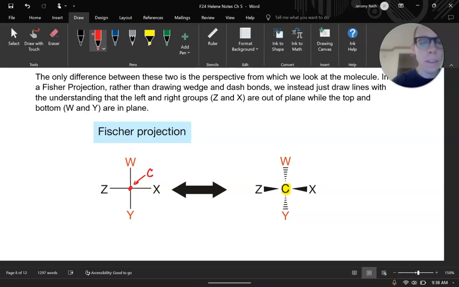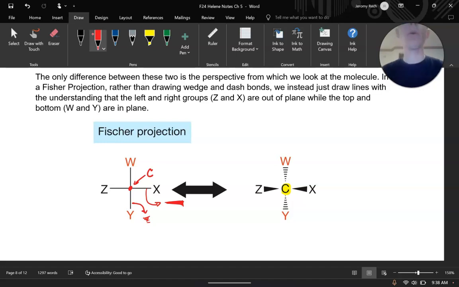Anything on the left and the right, we're going to define as a wedge, and anything up and down, we're going to define as a dash. And these are just two understood things, much like how in a skeletal structure we don't draw hydrogens, we just assume they're in. Here, we're not going to draw the stereochemistry, we're just going to assume that it exists.